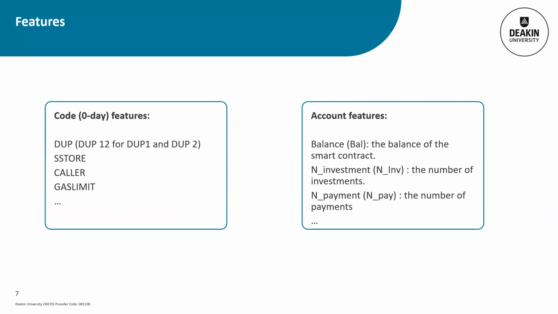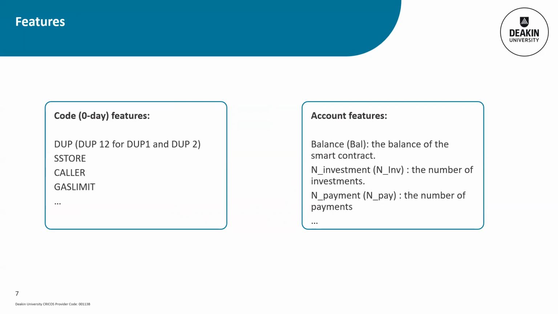In our work, we built a zero-day model that is based on code features to classify contracts as early as day 0. This is possible because the code features are available immediately and are immutable once the contracts are uploaded. For code features, as we said before, we can use the bytecode disassembler to change bytecode into its equivalent opcodes.